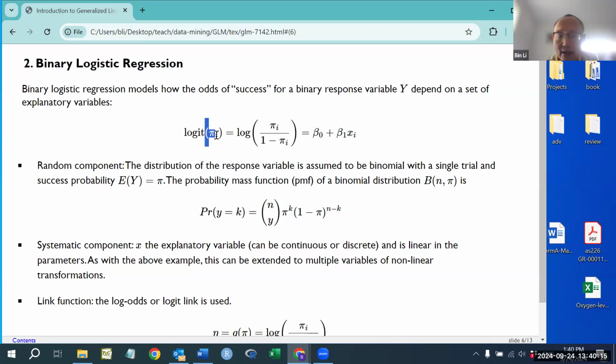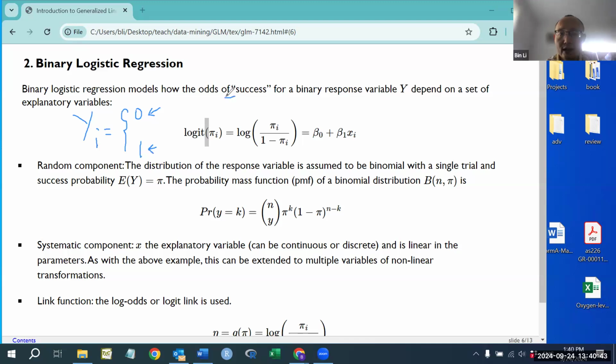What is pi i? Here, the response variable in the logistic regression is a binary variable. Let's say yi can have 2 possible values, either 0 or 1. Let's just say 0 is failure and 1 is success.